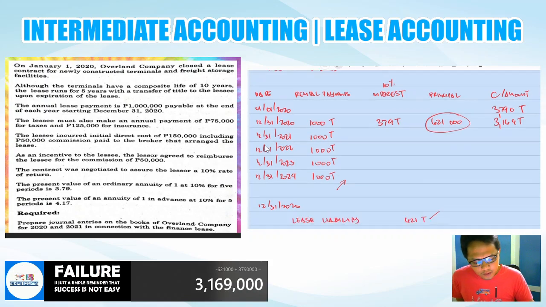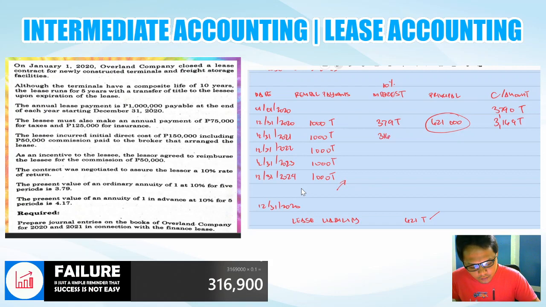Okay? So if we are to continue the schedule, 3,169,000 carrying amount on December 31, 2020 multiplied by 10% again, so that is 316,900. That is your interest expense for 2021. Deduct that from the rental payment of 1 million. So we have 683,100.